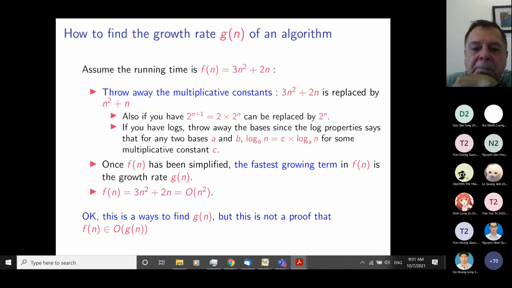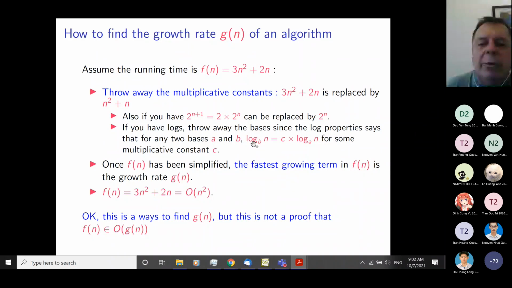Okay, so we may have a running time that is using different logs, so logs with different bases. The difference between two logs that have different bases is just a multiplicative constant also. So if we have a log in base b of n, we can express this in another base, a, just by multiplying by a constant c.